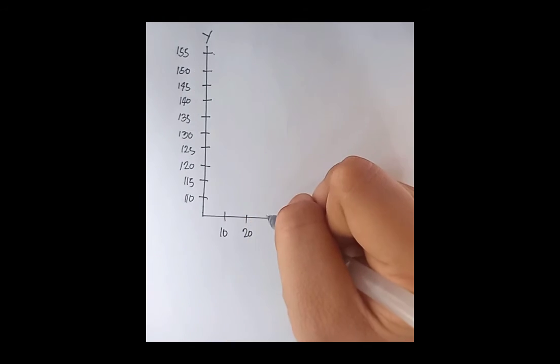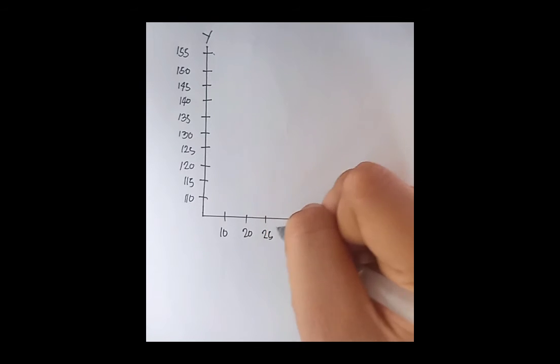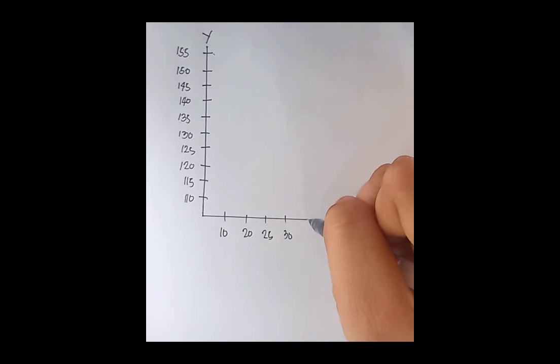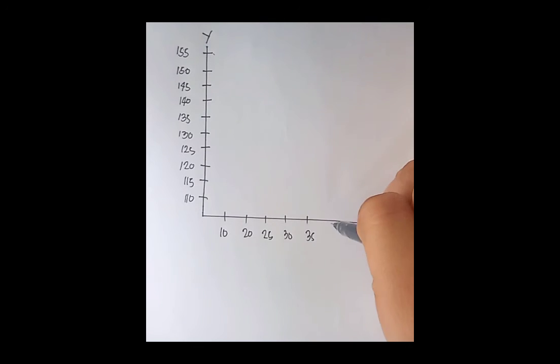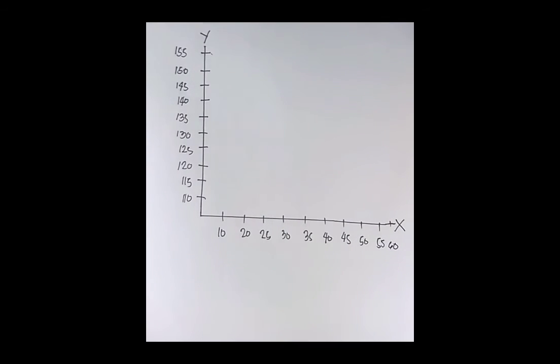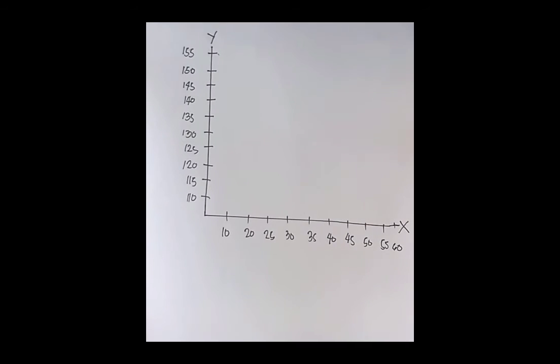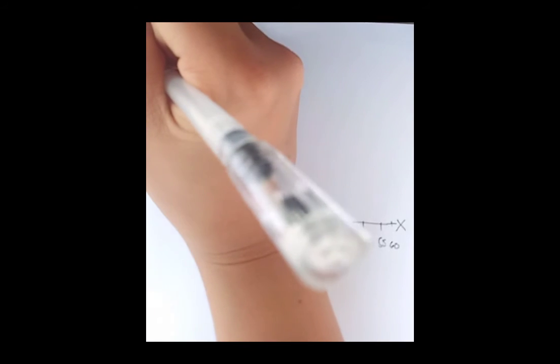In our x-axis, we have the numbers 10, 20, 25, 30, 35, 40, 45, 50, 55, 60. In our y-axis, we have our blood pressure.